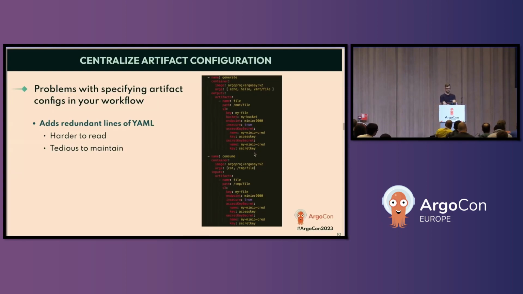You can imagine just how redundant that's going to get, both within a workflow and between your workflows. And maybe a lot of that information is common. And if you need to change it, you don't want to have to change it everywhere at once.